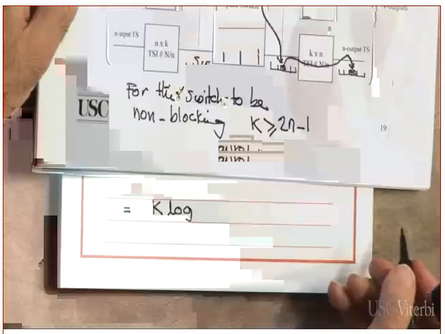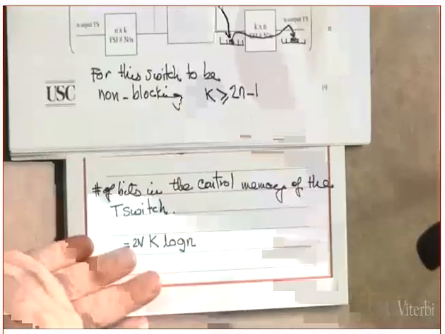Which means the first stage is a space switch, the second stage is a time switch, and the third stage is a space switch. And compare it with the TST. I might give you this in the midterm. So make sure that you understand how to do it.